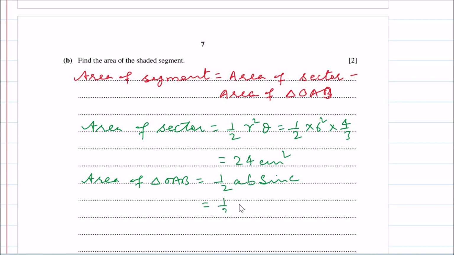So half into 6 square into sin C. The angle is 4 by 3 because theta we have got 4 by 3. Now if you simplify this, we get 17.49 centimeter square. Okay.